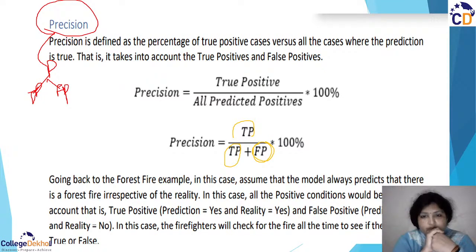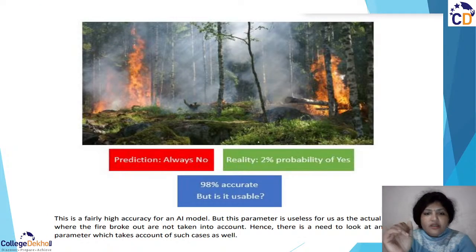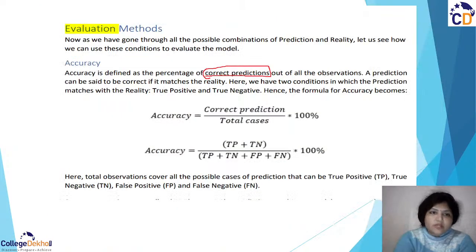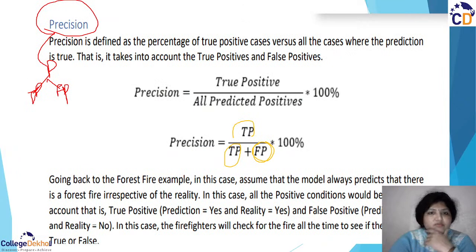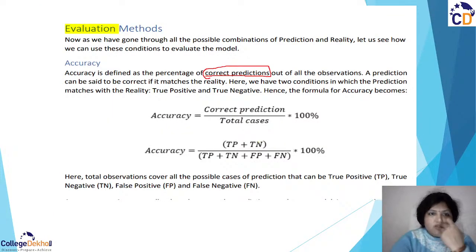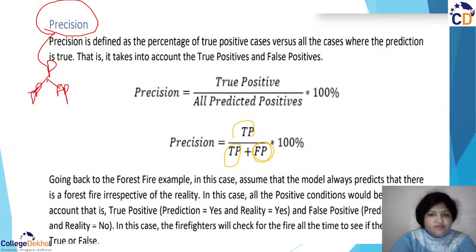When we talk about the positives one, here also we are talking about only the correct predictions. What about when the predictions are incorrect, when the predictions are not matching with the result? Then what do we have to do? To look into that, this comes into the picture, that is true positives. We are talking about false positives now. Here we are only talking about the positive ones, right?